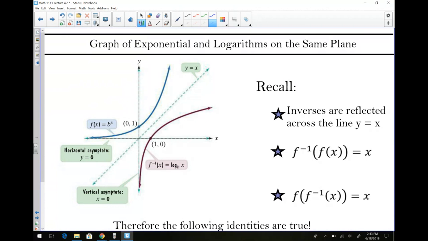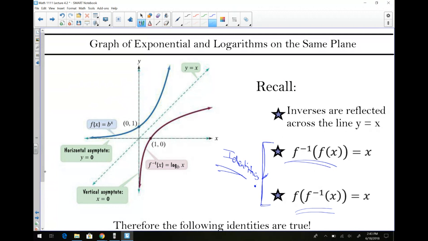So this is a good idea to think about. Remember, these are your inverse identities. And remember, the inverse identities are what you use to check whether you found the inverse correctly.